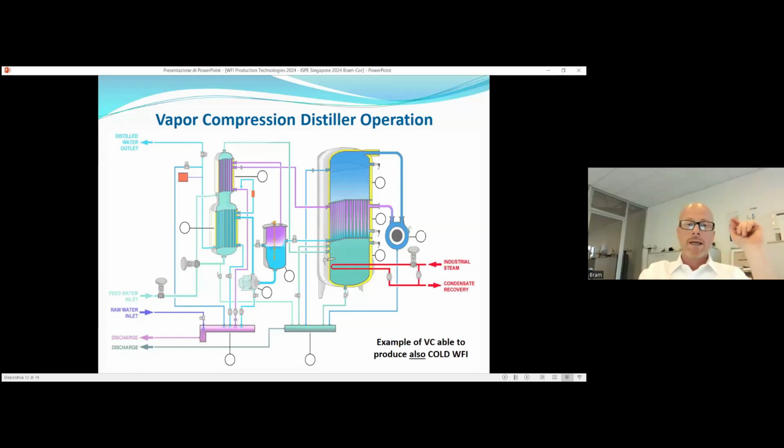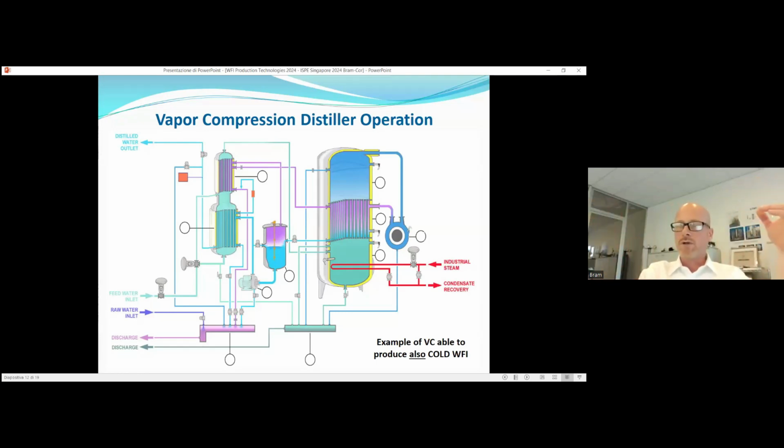I mean, we do not need any cooling water to control the temperature of the WFI coming out from the vapor compression distiller if we produce WFI with a temperature that is up to 10 degrees more than the feed water.